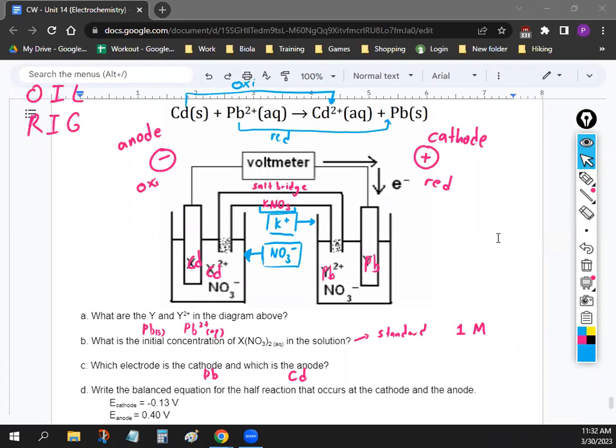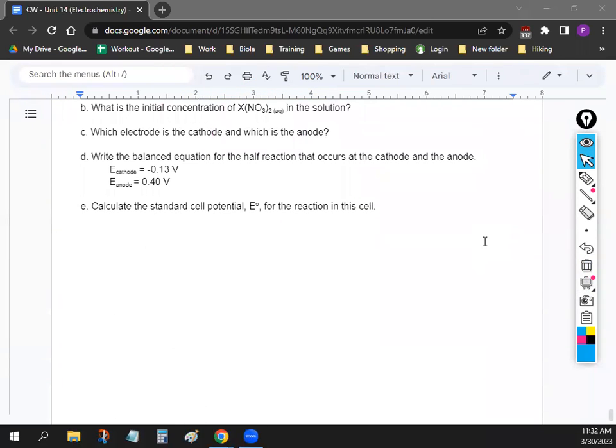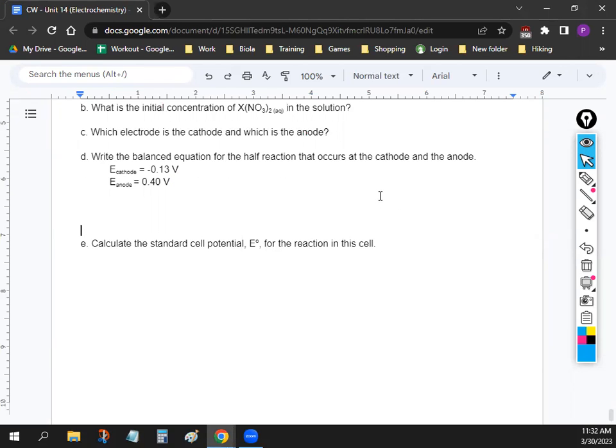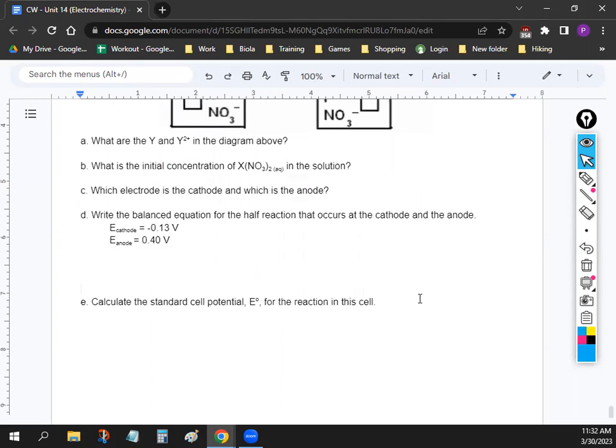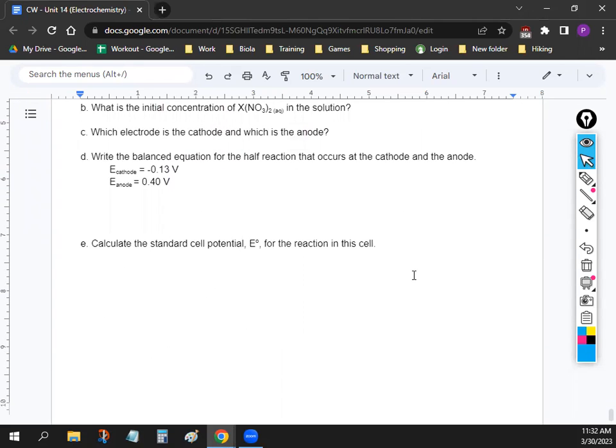All right. So let's go to part D now. I'm gonna scroll down a little. We're gonna write the balanced equation for the half reaction that happens at the cathode and the anode. So here we're gonna be writing the half reactions. I'm gonna put a little more space, but take about a minute. See if you guys can take the original equation and write the half reactions that take place.